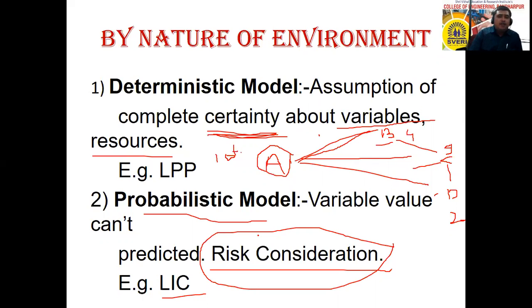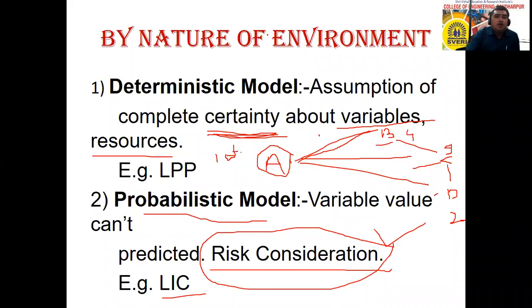We cannot predict such a thing. So in such a condition, in the probabilistic model, the risk consideration becomes important, and based on that risk consideration, we have to select the model.